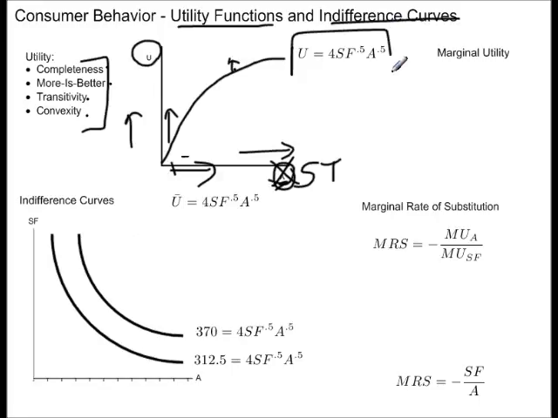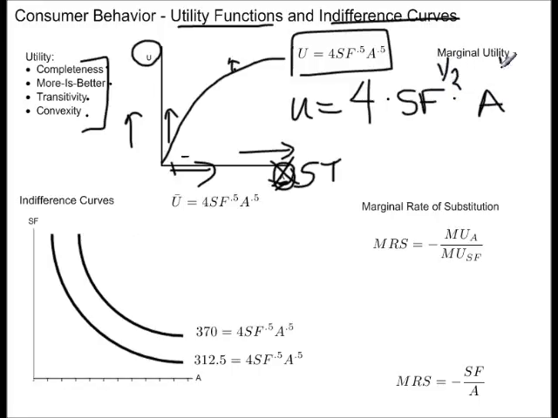I've got this function right here that might look a little complicated, but it's not too bad if we parse it apart. Your total utility, that is the total amount of happiness you have, is equal to 4 times the number of star fruit you have raised to the 1/2 power times the amount of apples you have raised to the 1/2 power. Do you remember x squared and what that thing would look like?